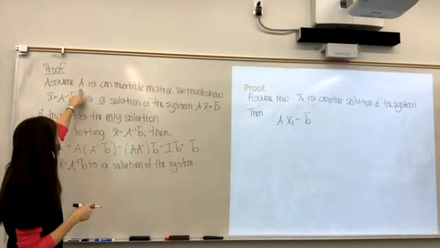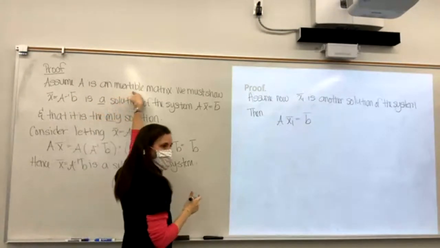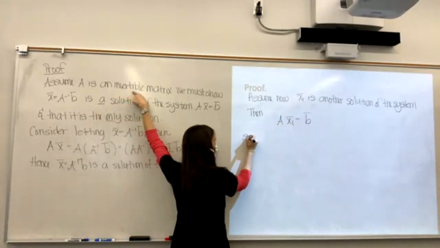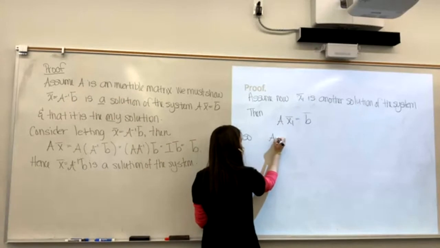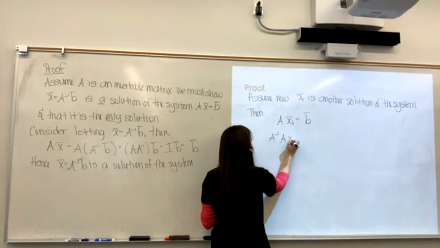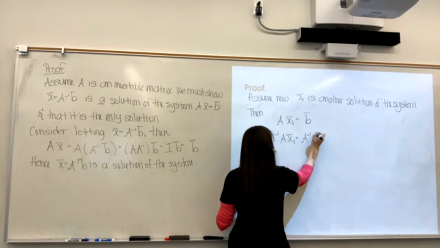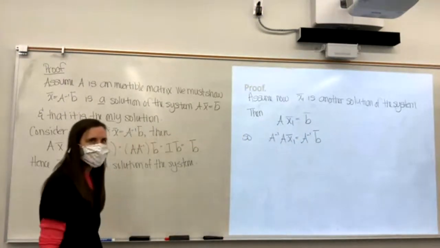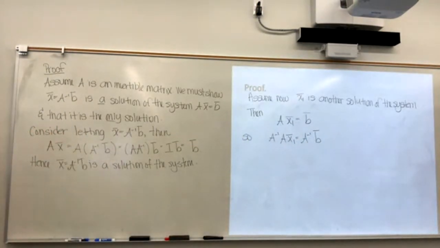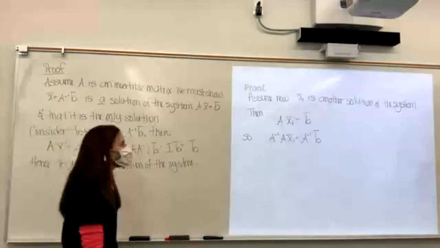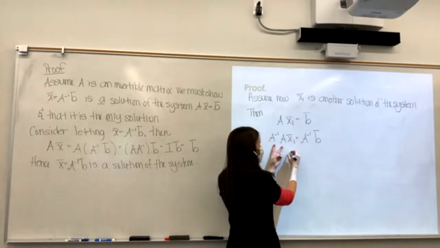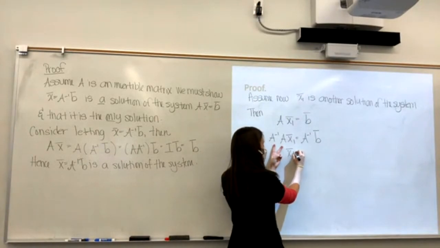Now, my A, remember, is an invertible matrix. So I'm going to multiply on both sides of my equation on the left by A inverse. But now A inverse times A, that's the identity matrix.